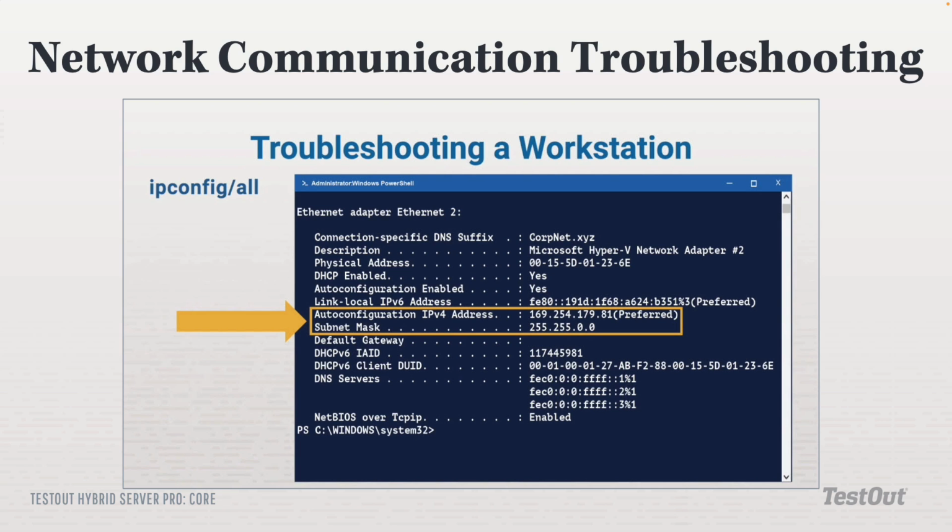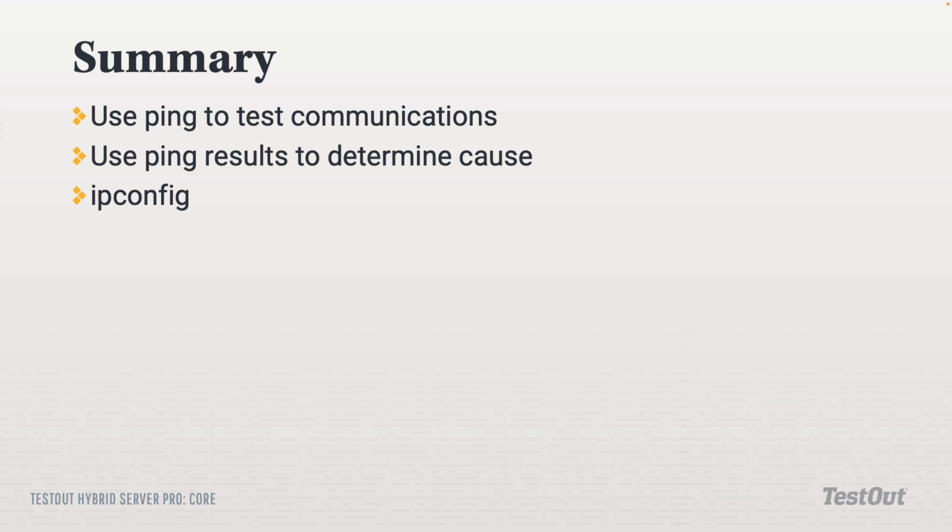There's no DHCP server to contact, so it's not getting an IP address from it, and it's automatically assigning itself one. Correct. So when we go through that DORA process of trying to get an IP address, at some point there was a failure, so that's why it was given that 169 address. Do we understand that? Okay, because that will show up on an exam.